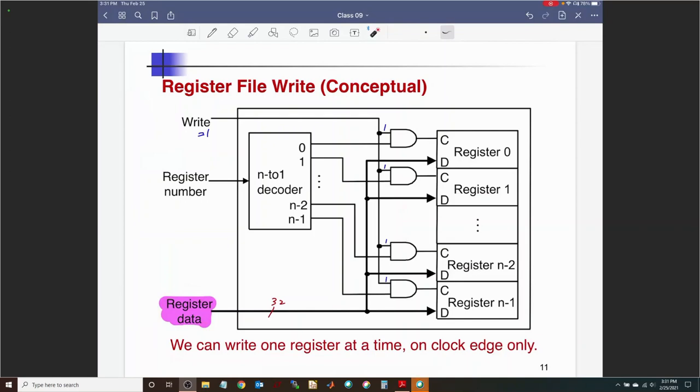Yeah, I think you can do that as well. I'm not sure what that additional AND layer benefits you. Let me think about it. But I think you can do that directly to the clock input.